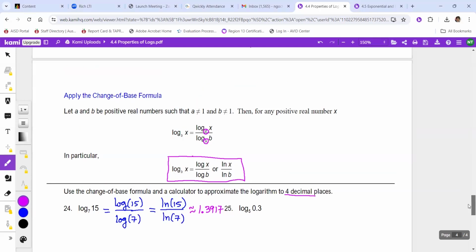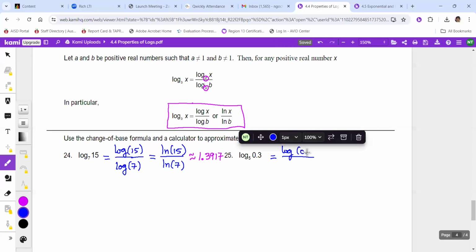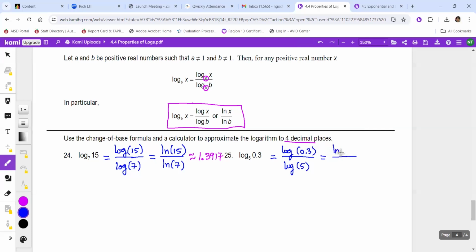Okay, so now let's do the next one. I'm going to go to the calculator again. Right here, this is log base 5, but of course in our calculator we don't have base 5, we only have base 10 or base E. So I'm going to do base 10 first, log base 10 of 0.3 divided by log base 10 of 5, and then the same with base E, which is the natural log.